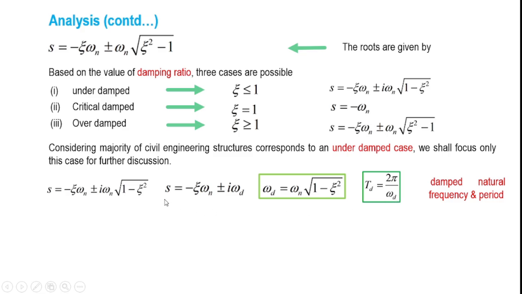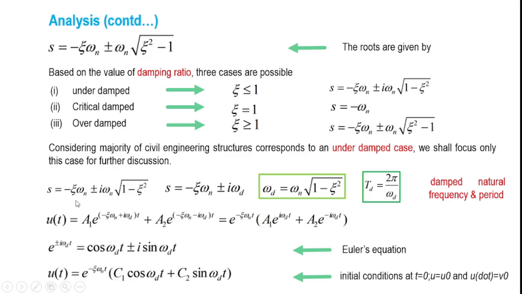So this means that the roots are now defined as s equal to minus c into omega n plus or minus of i into omega d. So if you use plus, we obtain one root as s1. If you use minus, we obtain another root as s2.